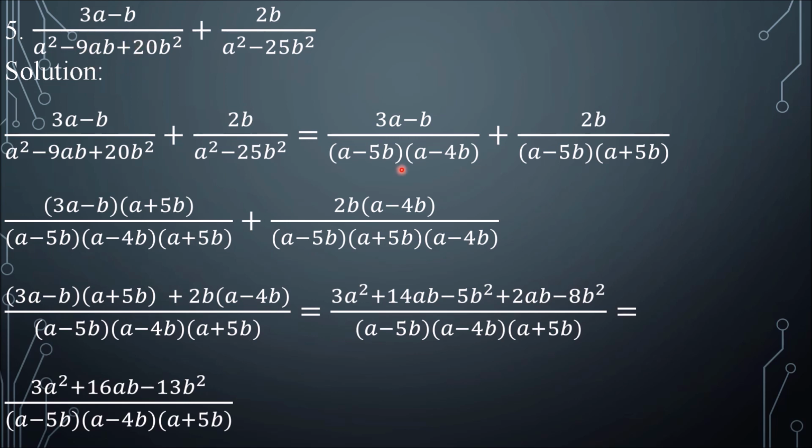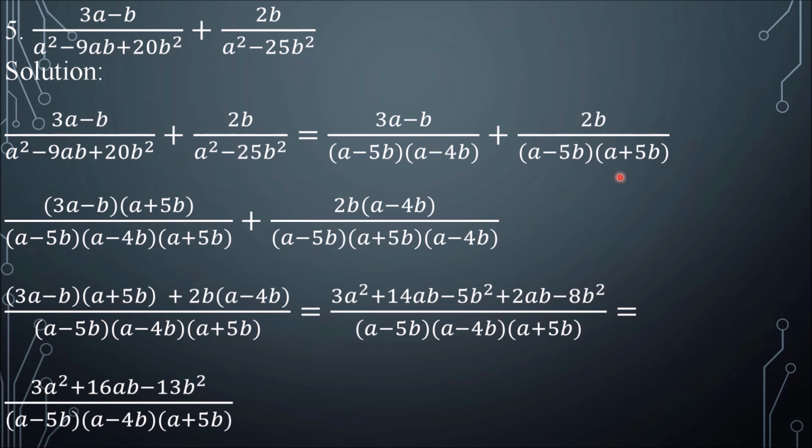Now, let's take a look at the first denominator. In order for the two denominators to be the same, we need to multiply this by a + 5b. Why a + 5b? As you can see, there is already an a - 5b here. So no need to multiply another a - 5b. We need to multiply a + 5b because there is no a + 5b in this denominator.